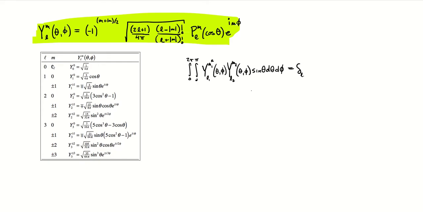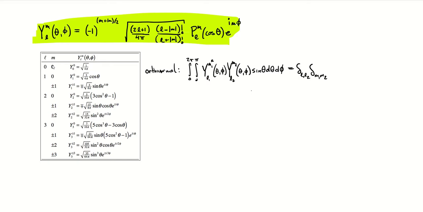And it's going to depend on if l1 and l2 are the same and if m1 and m2 are the same, right? If either of those are different, we get 0. They both have to be the same, and this is a normalized function that gives us 1. So this is orthonormality.